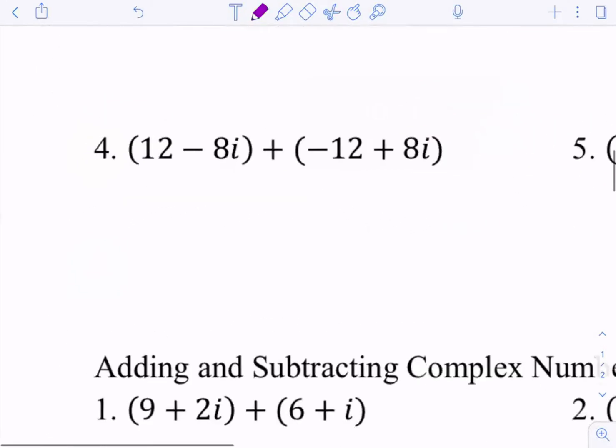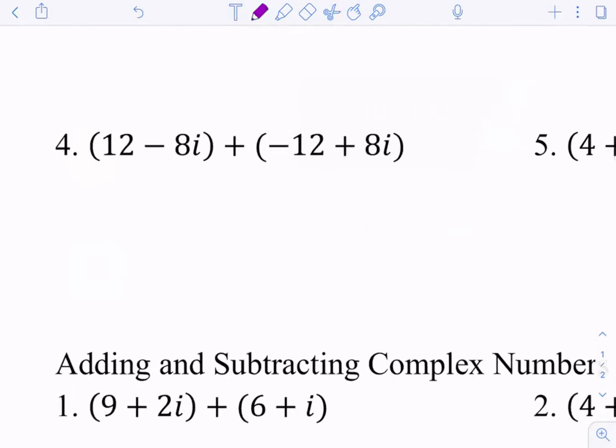All right, so let's keep going here. I have a positive 12 plus a negative 12, which is 0. I don't really need to write that. These cancel out. And then I have a negative 8i and a positive 8i, which also cancel out.